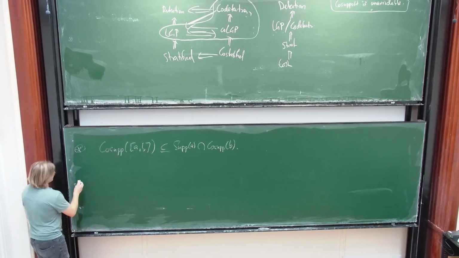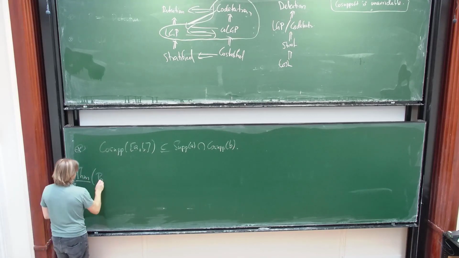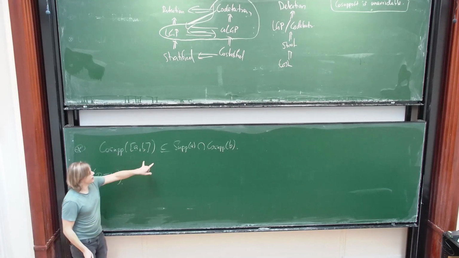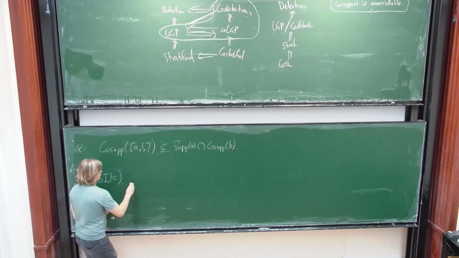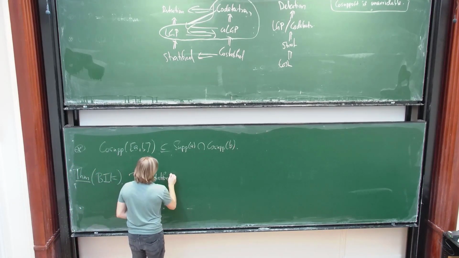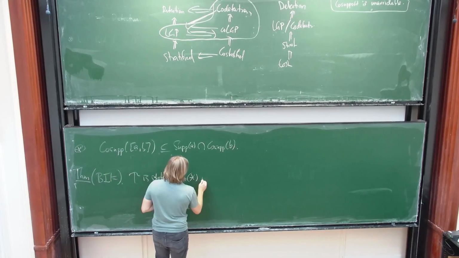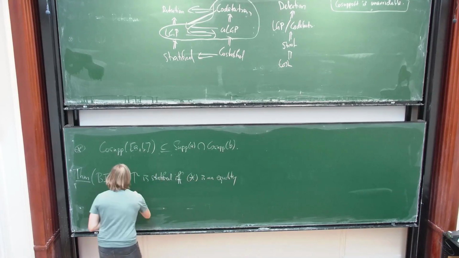And what I think is a quite significant discovery due to Benson, Iyengar, and Krause is that the statement that this is an equality for all objects is actually equivalent to the category being stratified. So T is stratified if and only if this is an equality for all objects.